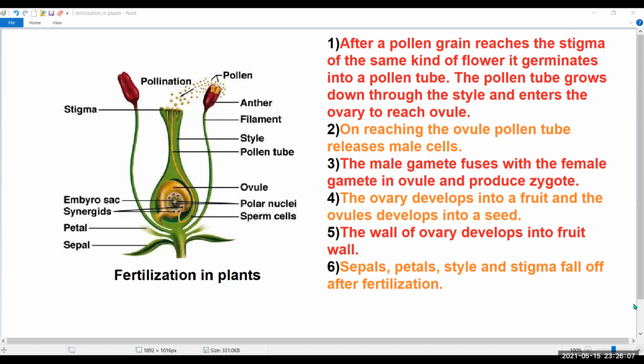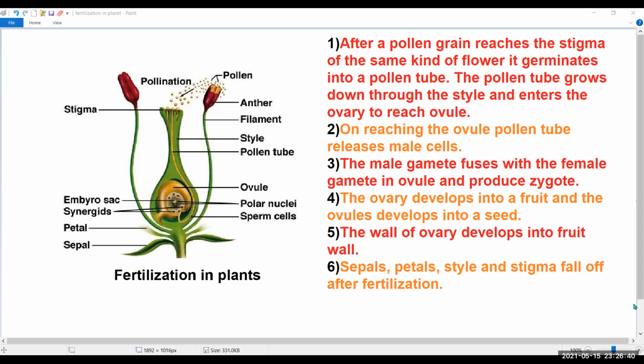The pollen tube grows down through the style and enters the ovary to reach the ovule. On reaching the ovule, the pollen tube releases male cells or male gametes. The male gamete fuses with the female gamete, that is the egg, in the ovule and produces the zygote.